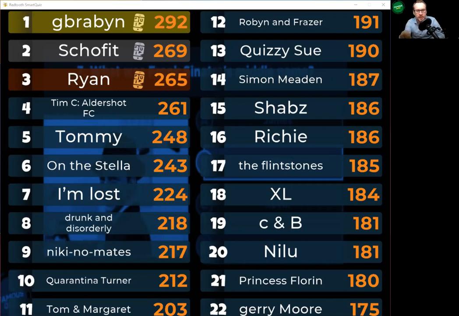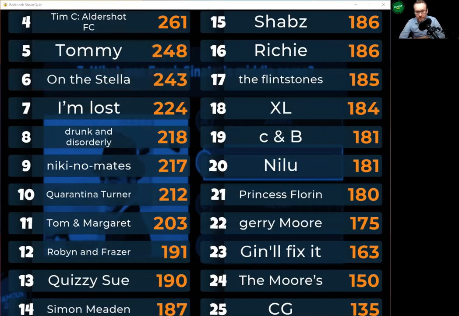You see your list here, and also you see your list on your mobile devices, of course, if you're using the Red Tooth Smart Quiz application. Let's see the 25th place, CG, one of the regulars. The Moons, also regular players.